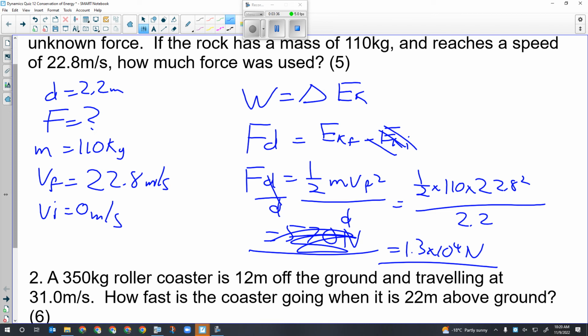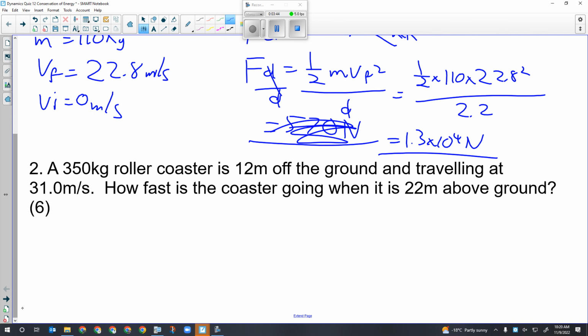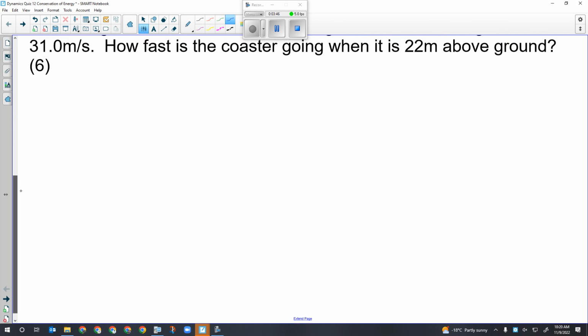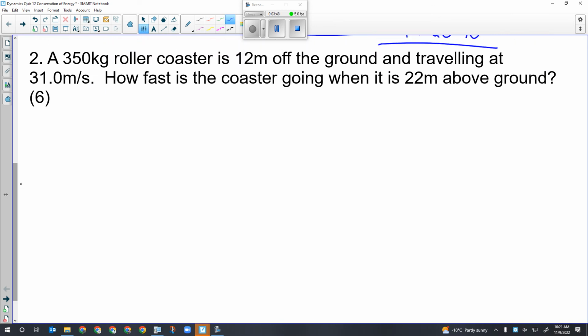Again, the one I put on your test is not a whole lot tougher than that, really. For our second one, this is a law of conservation of energy question. We have our roller coaster, like this, and it is 12 meters off the ground.